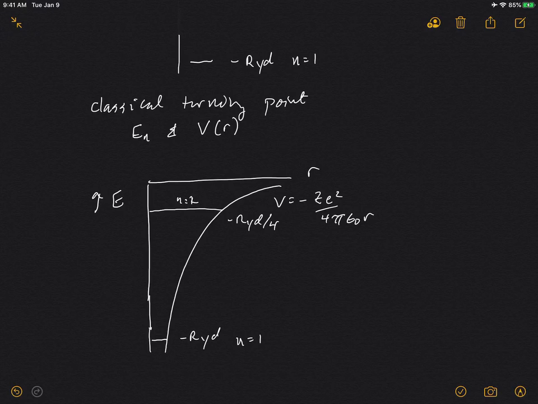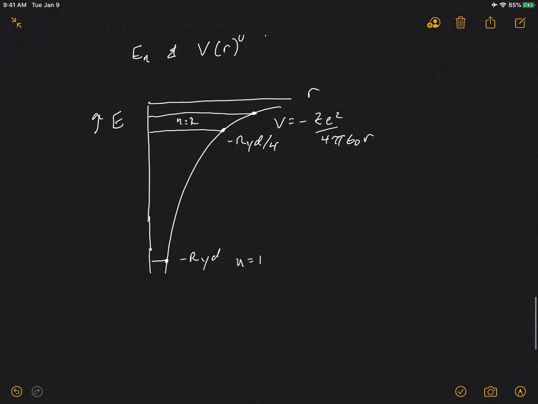So if we have n equals 1 and n equals 2, and so on, we have our n equals 3 up there. So it's clear that as we go to higher and higher quantum numbers, the classical turning point moves further and further out. And we can actually come up with an expression that tells us where these turning points occur as a function of quantum number.